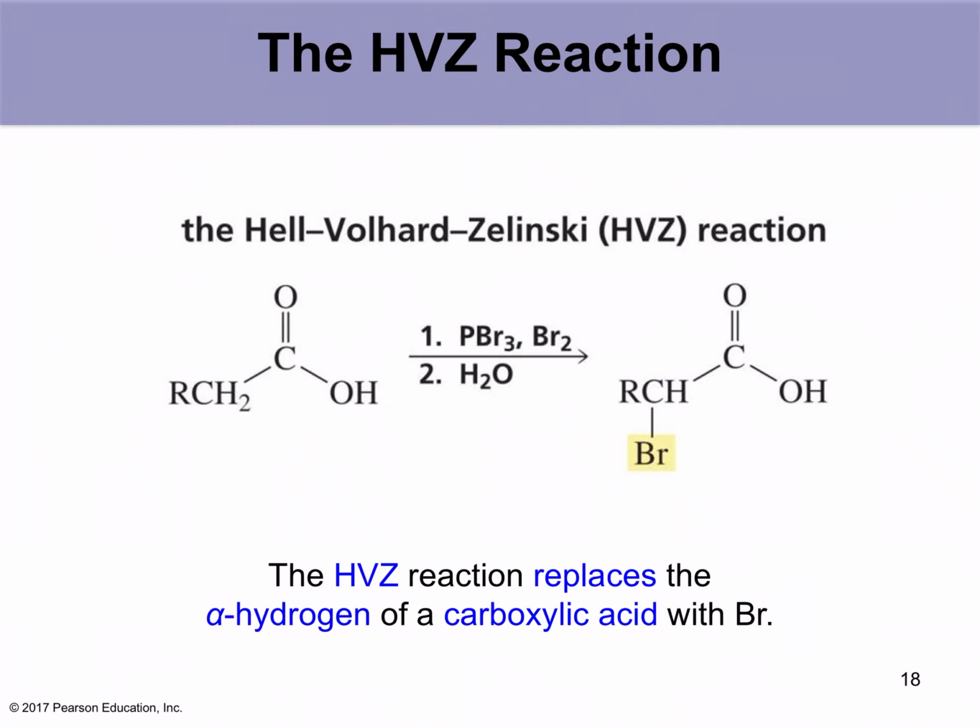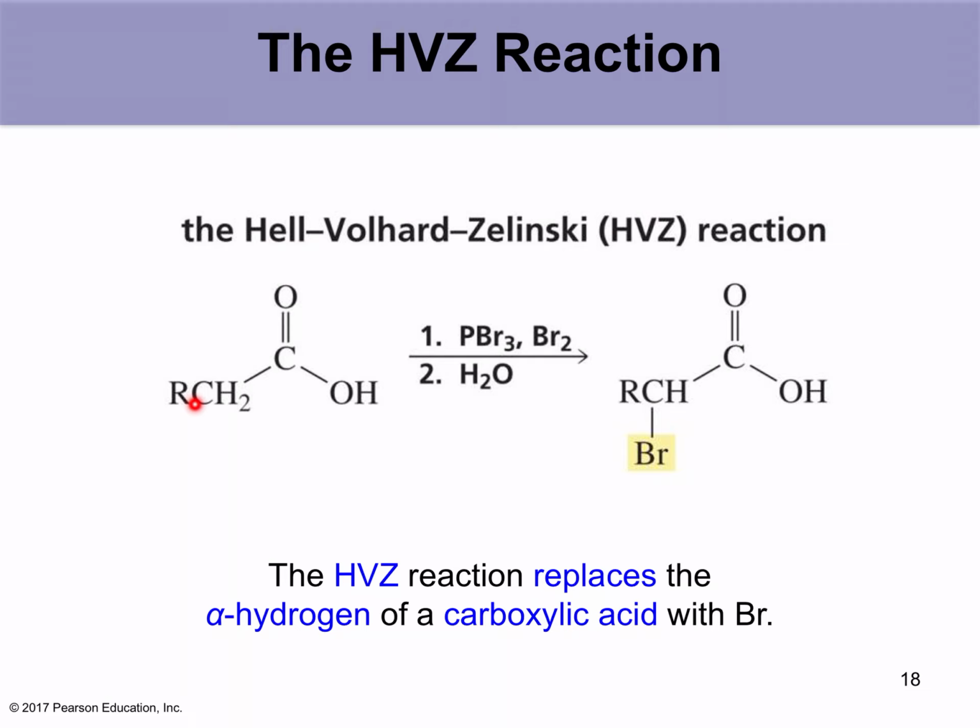HVZ reaction. What's happening over here? Now, in the previous cases, we had a ketone or an aldehyde. But here you have a carboxylic acid, the carbonyl group and the OH. A carboxylic acid can also be halogenated at the alpha carbon.